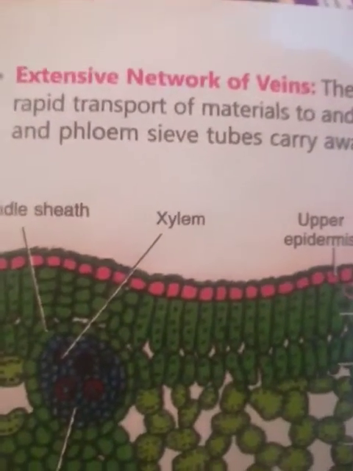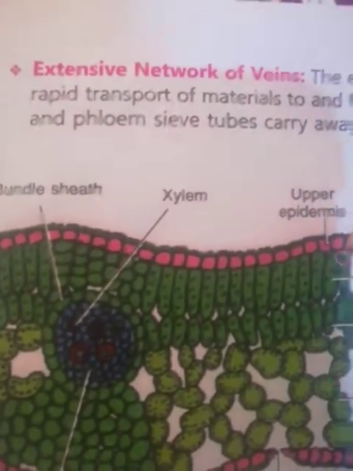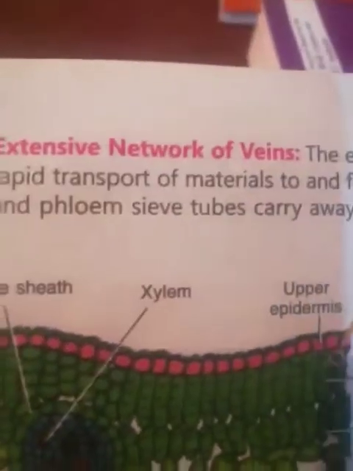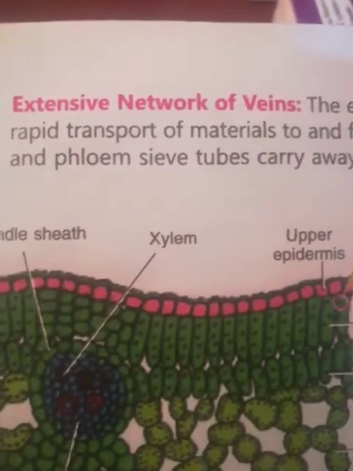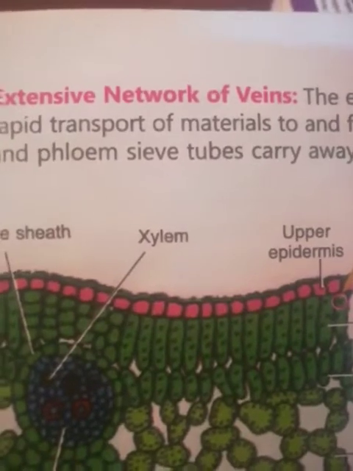Extensive network of veins. Veins means vascular tissues which are present in plants. Xylem and phloem, that is a complex permanent tissue.